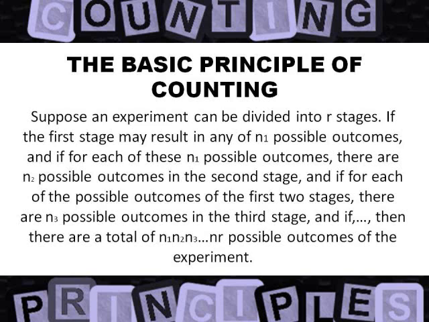If the first stage may result in any of n sub 1 possible outcomes, and if for each of these n sub 1 possible outcomes, there are n sub 2 possible outcomes in the second stage, and if for each of the possible outcomes of the first two stages, there are n sub 3 possible outcomes in the third stage, and if it continues, then there are a total of n sub 1, n sub 2, n sub 3 up to n sub r possible outcomes of the experiment.